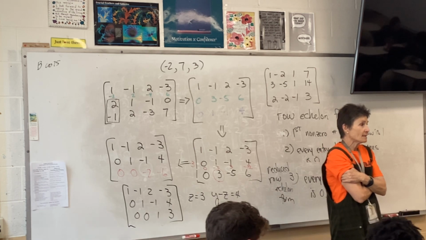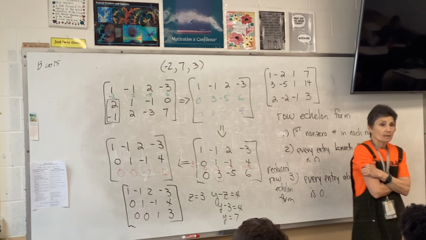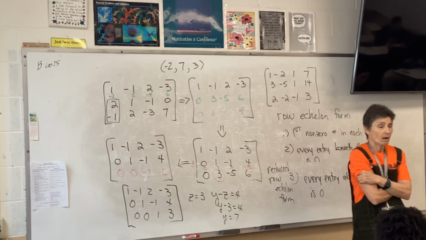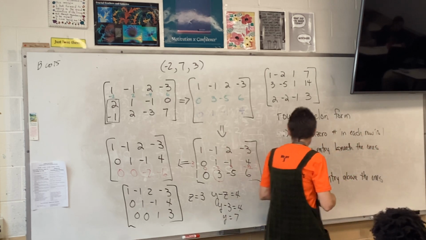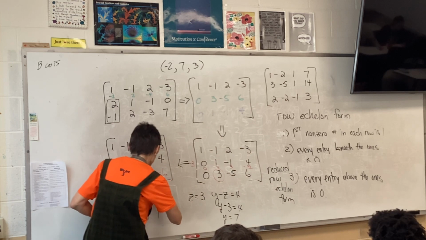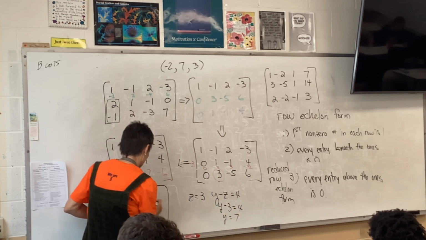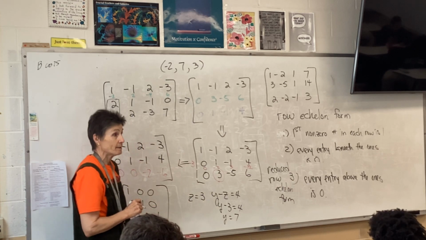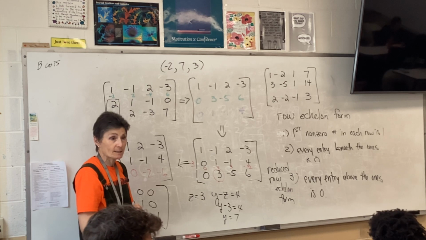A triangular matrix is a square matrix where everything is 0 except the main diagonal that's all ones. The identity is the triangular matrix.